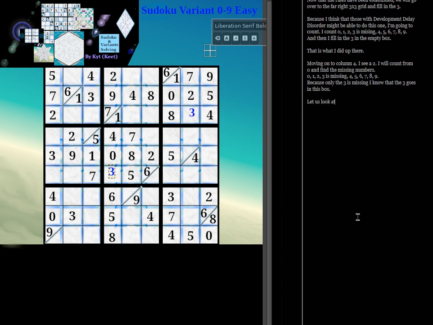Let us look at row 5. It begins with 3. I count again, beginning with 0. 0, 1, 2, 3, 4, 5. 6 is missing, 7 is missing, 8, 9.